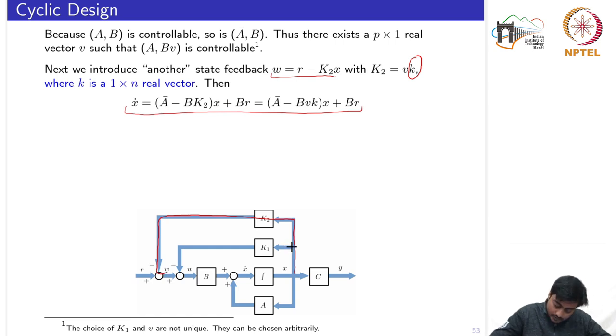So step 1 is to carry out this part, and this step 1 is carried out if the matrix A is not cyclic. Now if the matrix A is cyclic, we can directly carry out step 2.